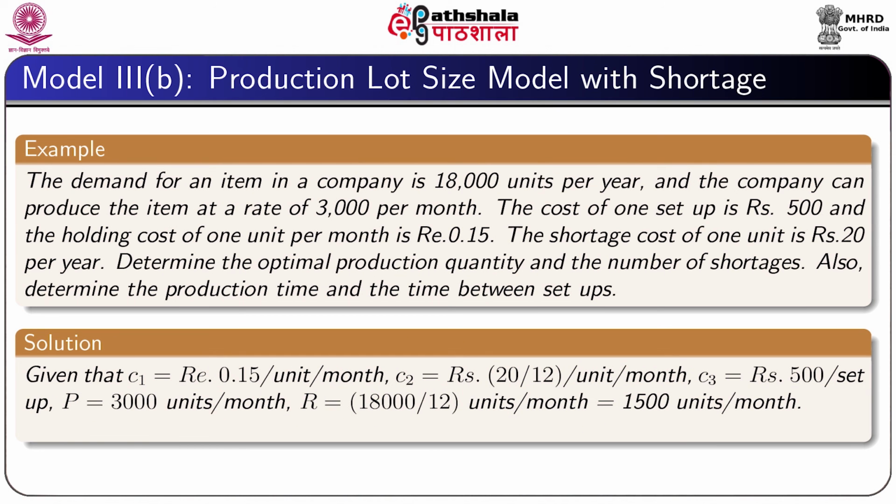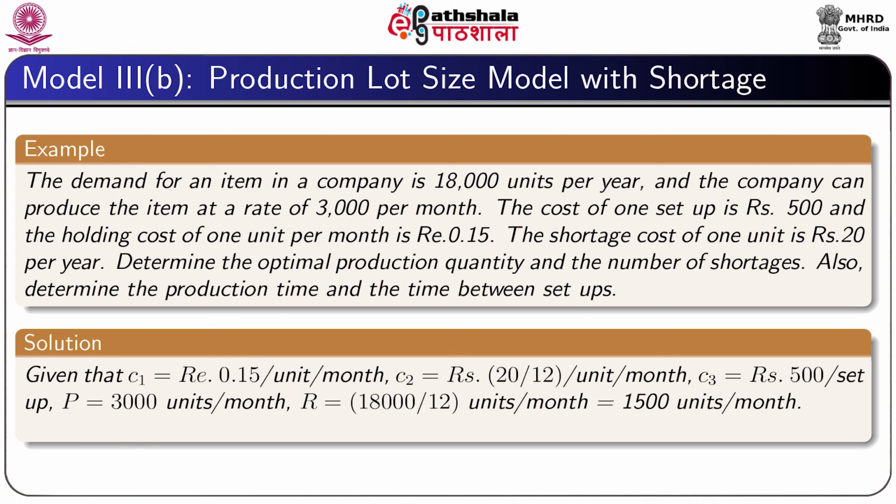Now, we proceed to demonstrate the model by taking an example. The demand for an item in a company is 18,000 units per year. The company can produce the item at a rate of 3,000 per month.